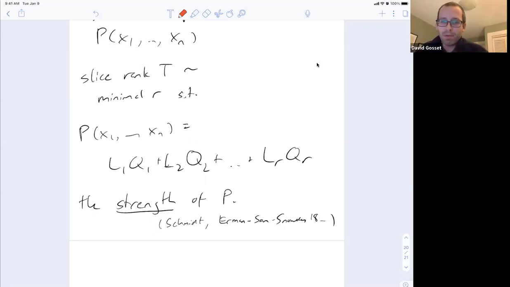Can I ask a follow-up question? So if the vector spaces are just complex vector spaces, then we would think of the rank 1 tensors as product states.